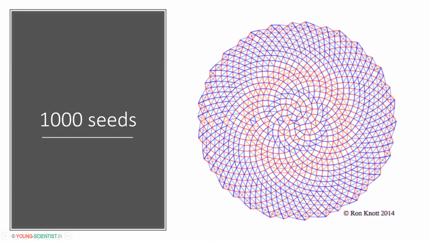Now, removing the seeds, you can see a combination of spirals. It's not a single spiral, but there are several spirals. There's a repetition of spirals here. There's the pattern with blue lines and also the pattern with red lines.